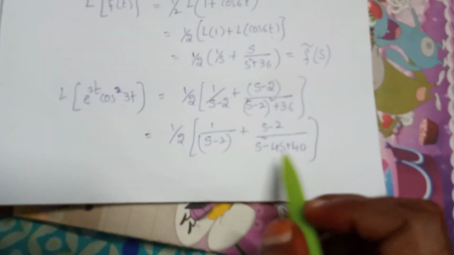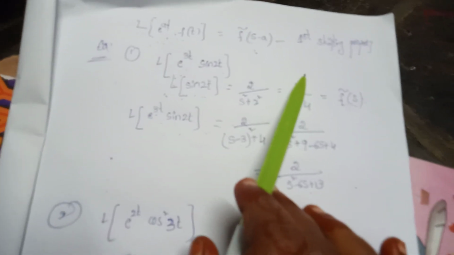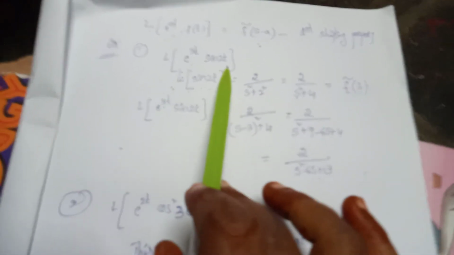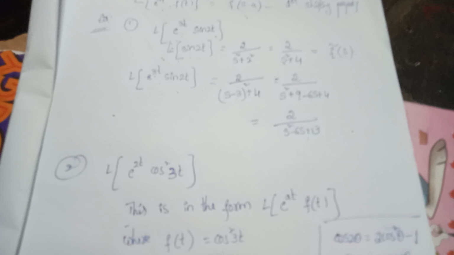So these are examples of the first shifting property, the use of L of e power at into f of t. This is the way of solving. Okay, thank you.